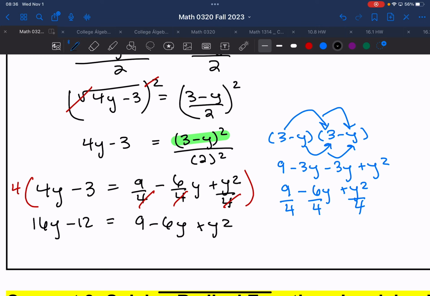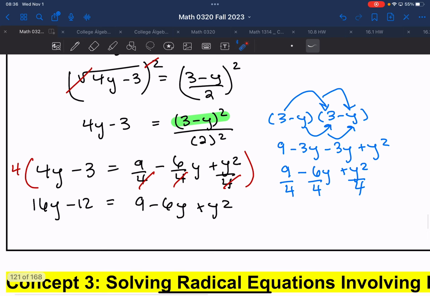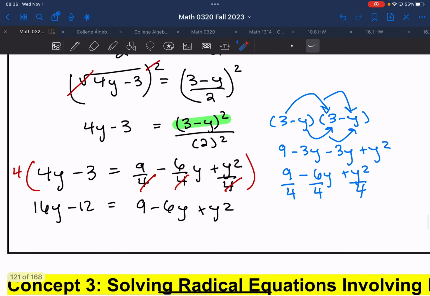Now that we have no fractions, but we see a y squared in our problem, that means ultimately we're going to have our equation equal to what? 0, because this is a quadratic equation. So we need to have everything that is on the right side and move it to the left, meaning we're going to subtract the 9, add the 6y, subtract the y squared.